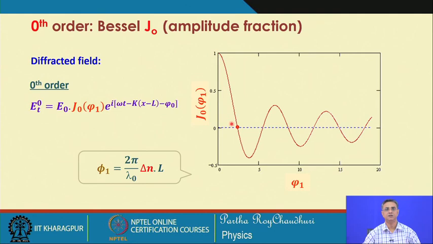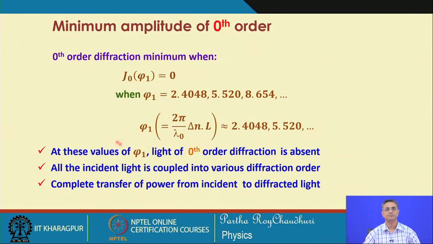Therefore, this is the effective modulation range. So, phi 1 has to vary from 0 to 2.4048, and that will provide the modulation depth. So, phi 1 is equal to this.